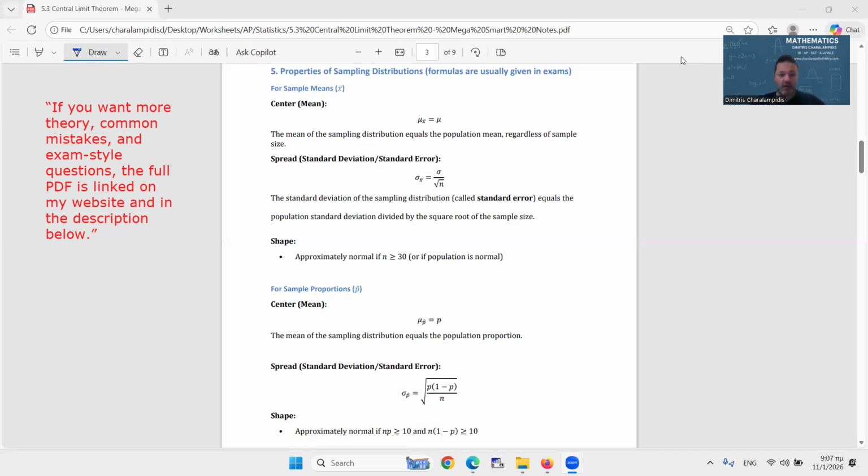With regards to the spread now, the standard deviation of the sample distribution of the sample proportion, which is also called standard error, will be given by the square root of the fraction p, which is the actual population proportion, times 1 minus p, and all that over n. And from here, we can see just like with sample means, increasing the sample size here, we decrease the standard error.